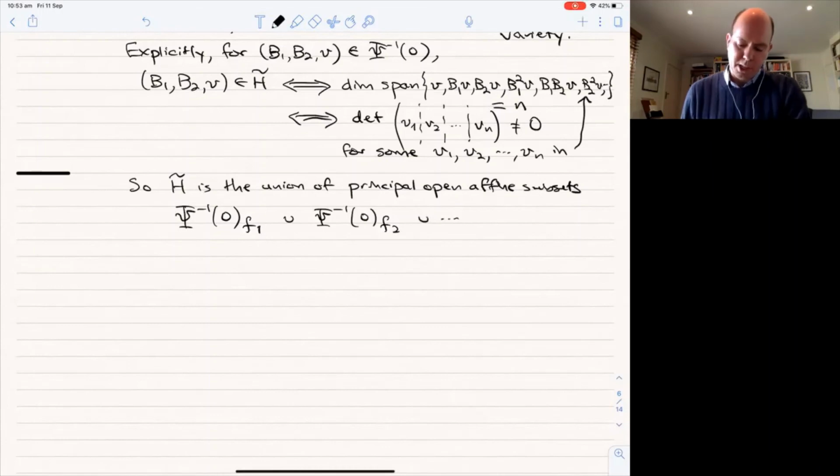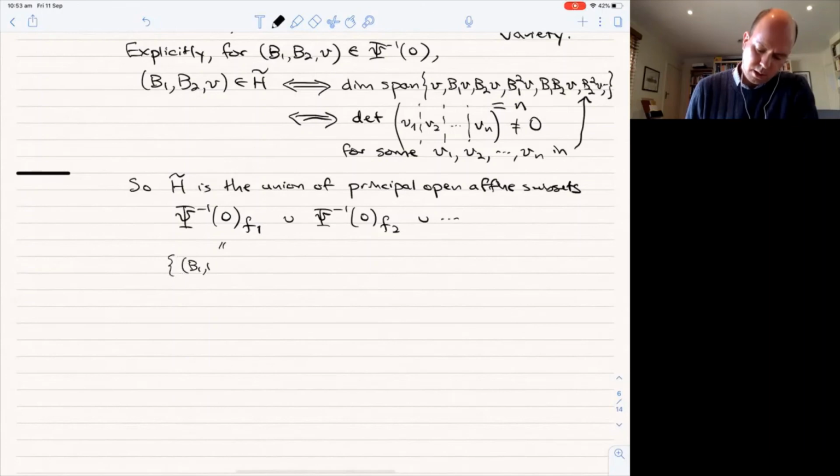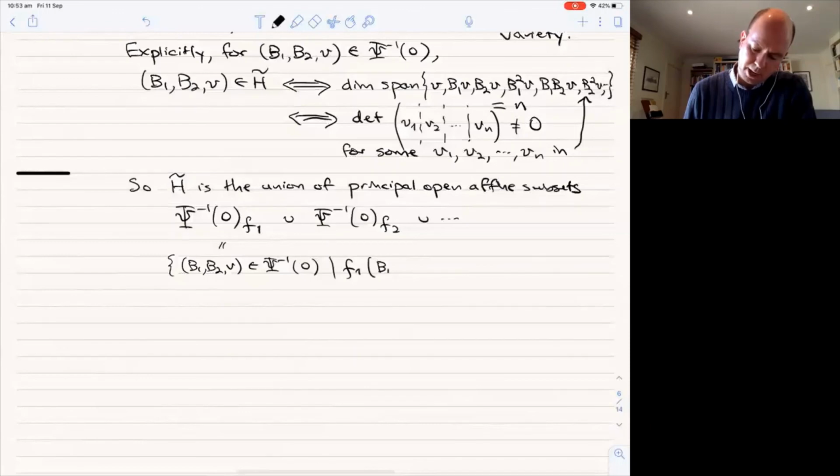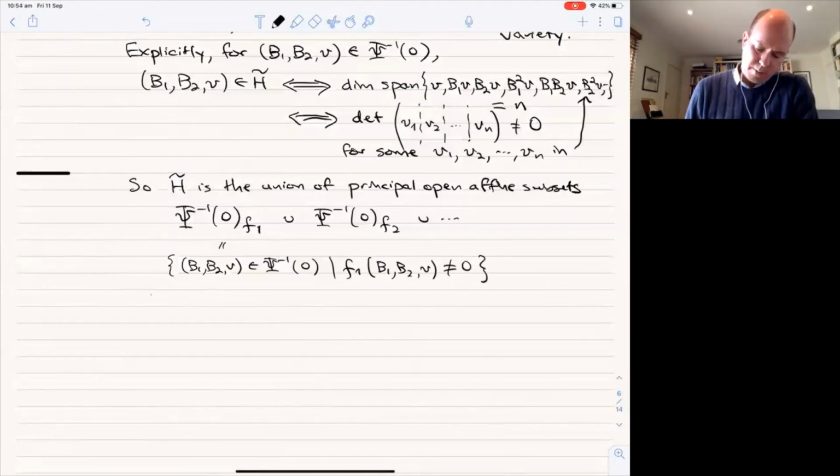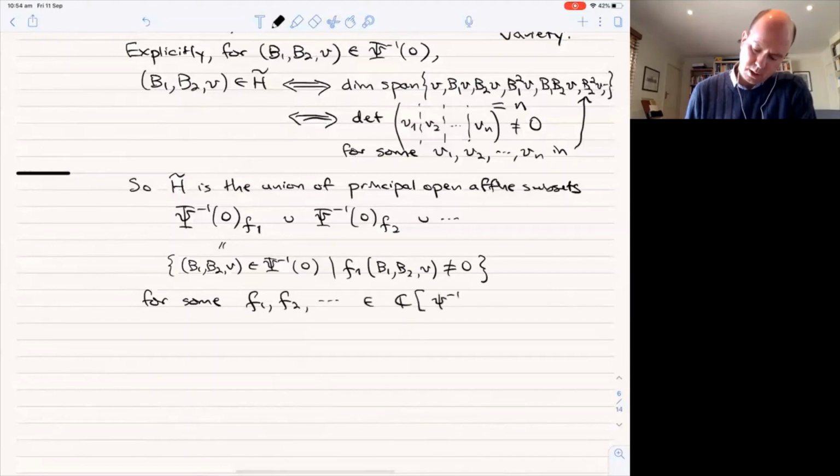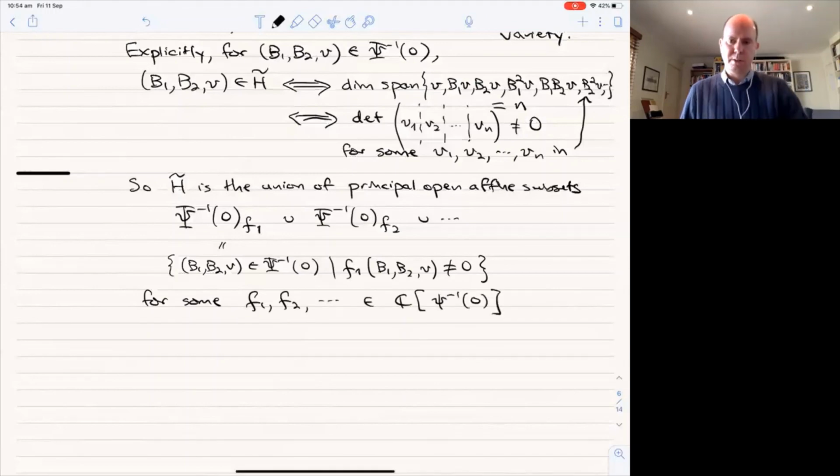So the definition of principal open affine subset is these are the points in the affine variety where this regular function does not vanish. And this is for some f1, f2, and so forth. These are regular functions on psi inverse of 0.